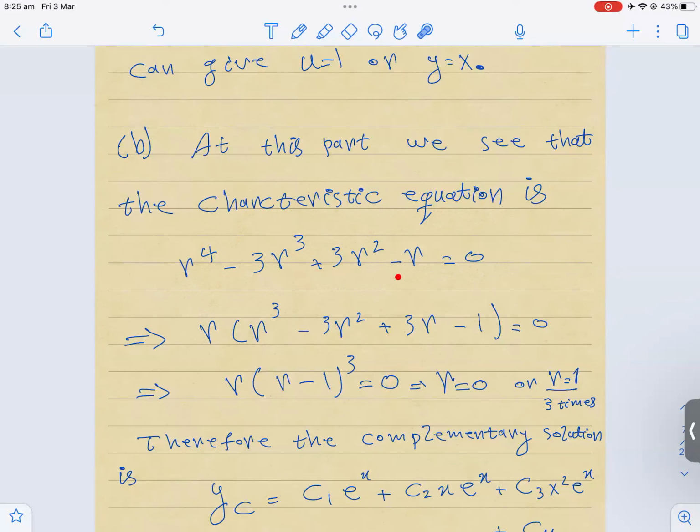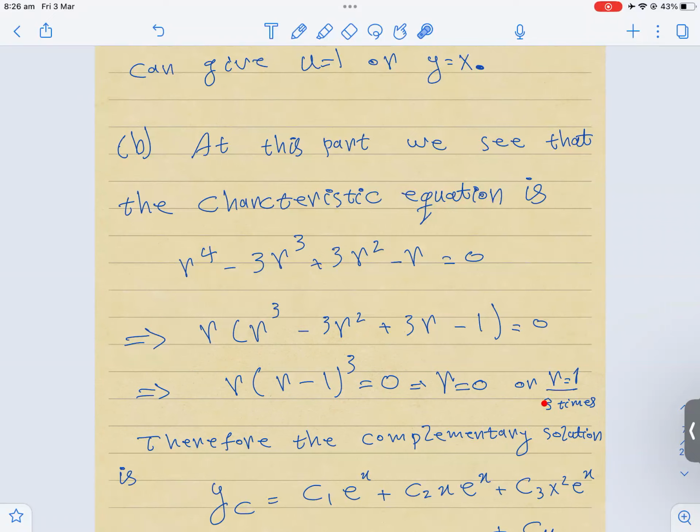So obviously I can take out one of the r's, so it will be this, and the inside parentheses is very familiar to us, and it is nothing except r minus 1 cubed. Okay, so the roots of this characteristic equation will be r equals 0 and r equal 1 three times. Okay, it's been repeated 3 times. So we have 4 roots.